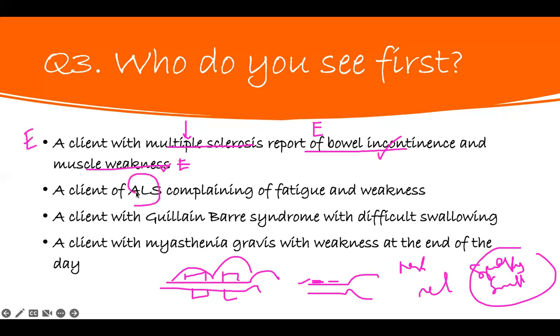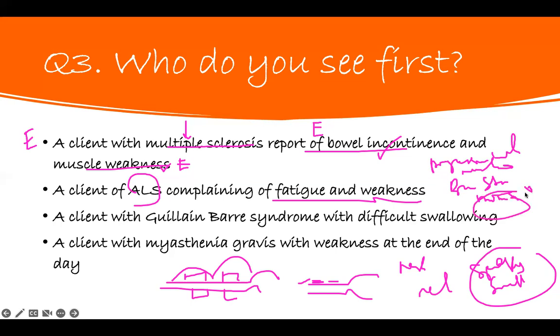A client with ALS, complaining of fatigue and weakness. The same thing. There are four classes of neurological problems where the symptoms look the same, and in your SATA question, look for airway. ALS, the same thing. They have progressive weakness due to destruction of neurons in specific areas of their brain, the brainstem, and the motor system, which is the spinal cord.